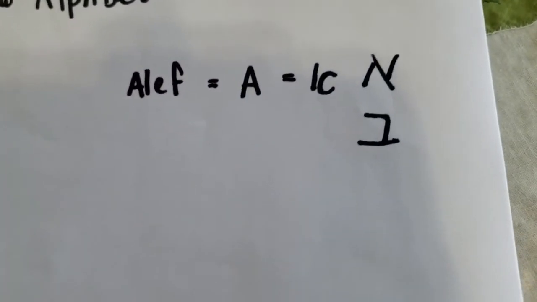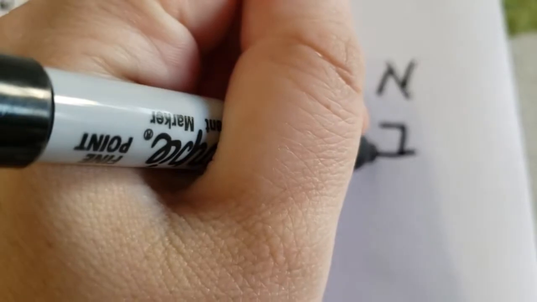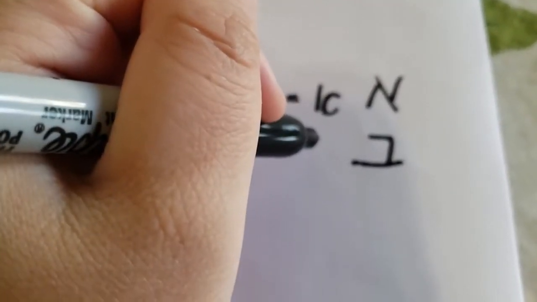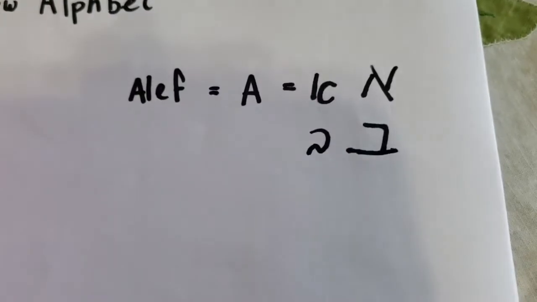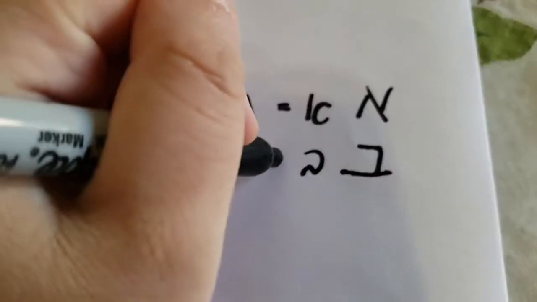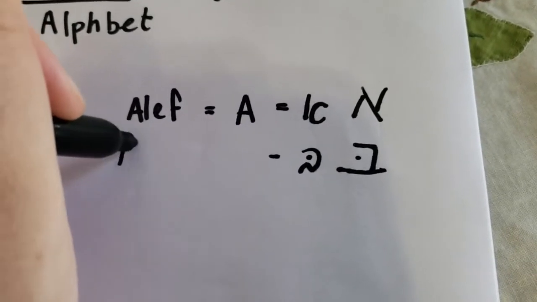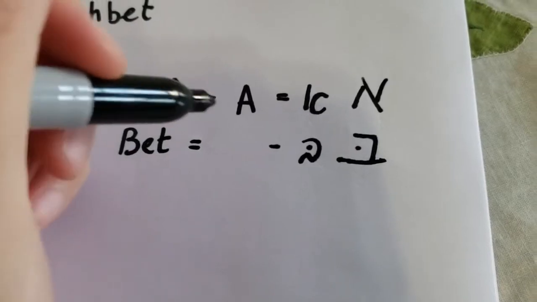You continue it till it's diagonally to the top, and then you continue a little bit more. The next version is, you make half a circle, you bring it in, and you bring it out. That's called Bet. The sound that this letter makes is B.